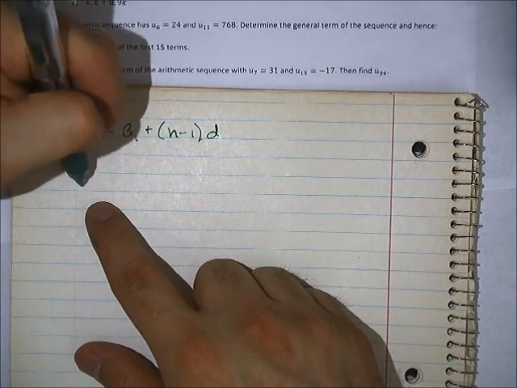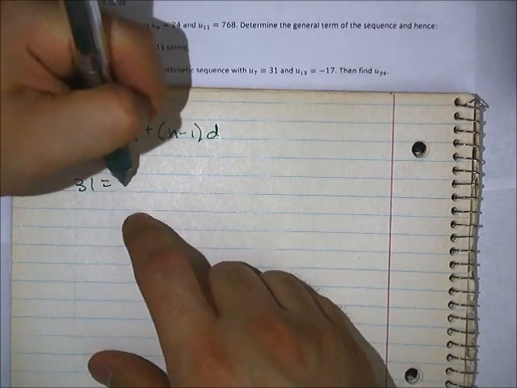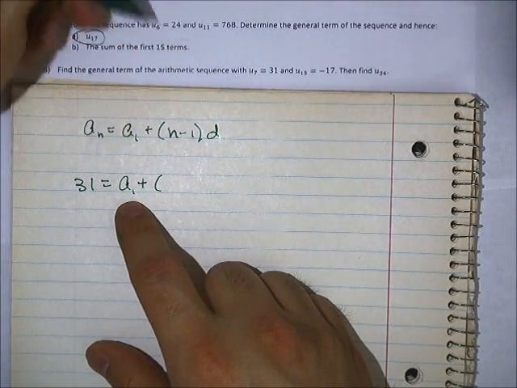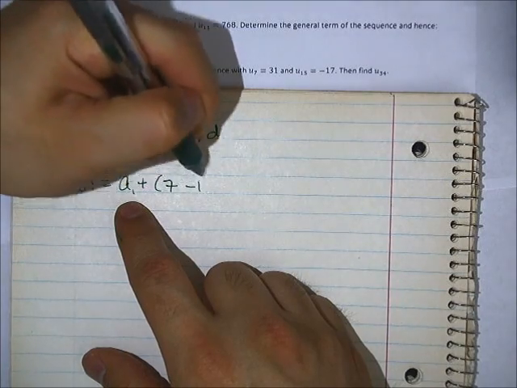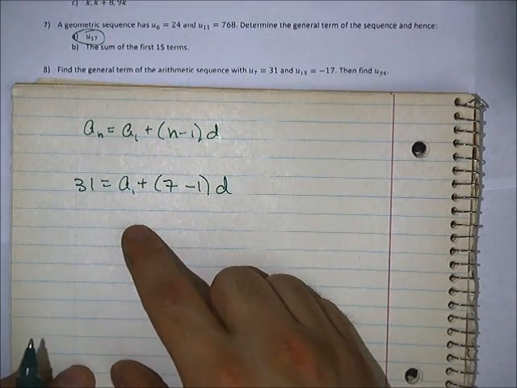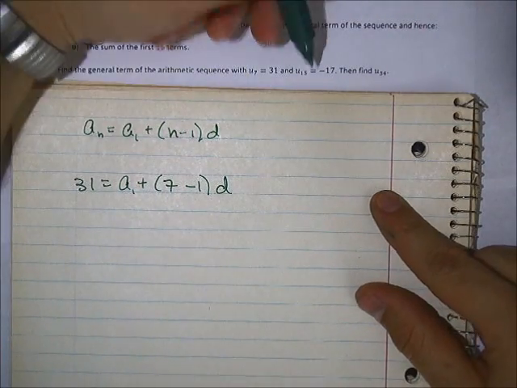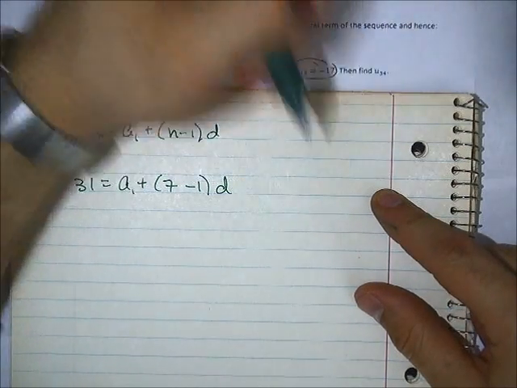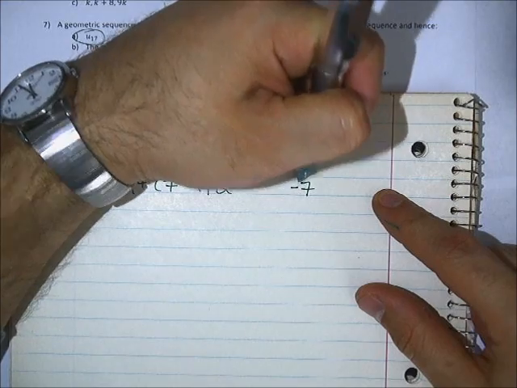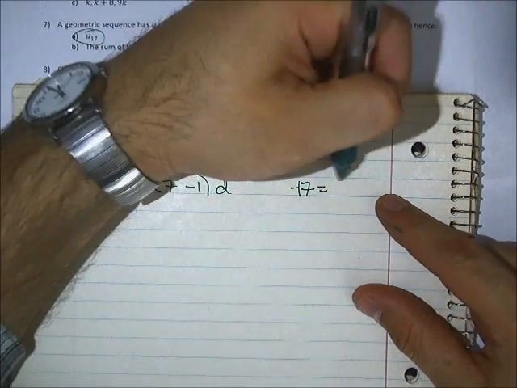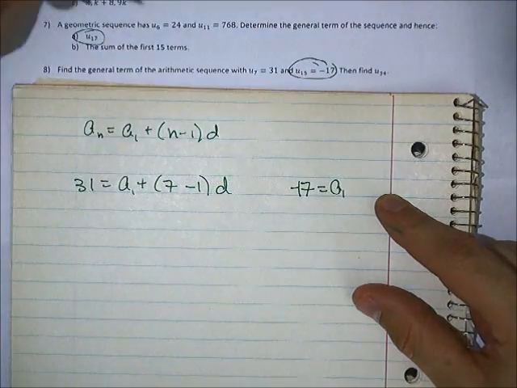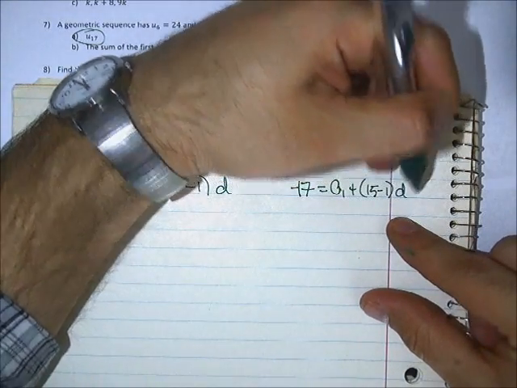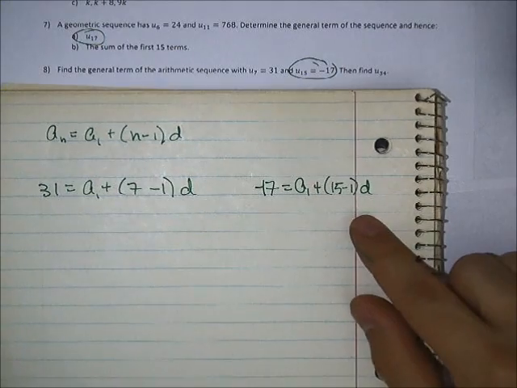So let's fill in the stuff that we know. We know that 31 is equal to a sub 1, which I don't know, plus n, which is 7 minus 1 times d, which I don't know. And from my other given information, u sub 15, in other words -17, is equal to a sub 1, which I don't know, plus 15 minus 1 times d, which I also don't know.